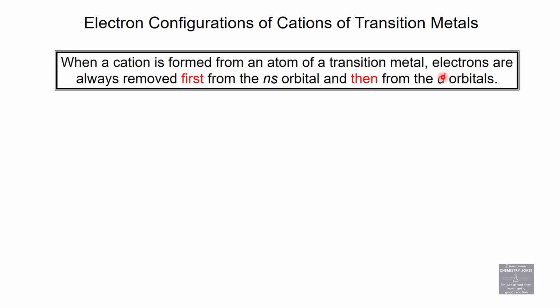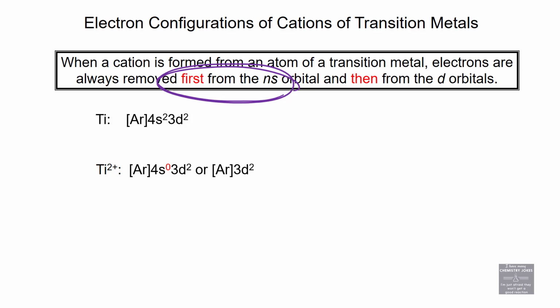So what I'm saying is, if I have titanium, which is argon 4s2 3d2, and I make a titanium 2+, you remove from the S first. So titanium 2+ would be argon 3d2.